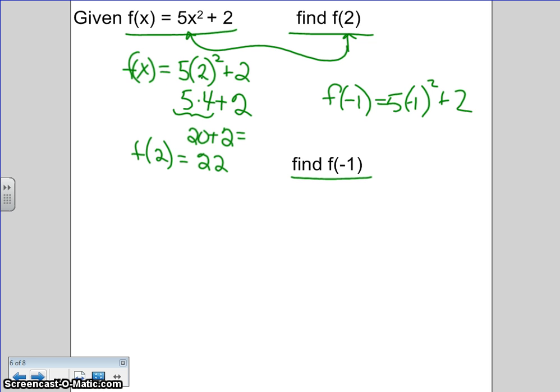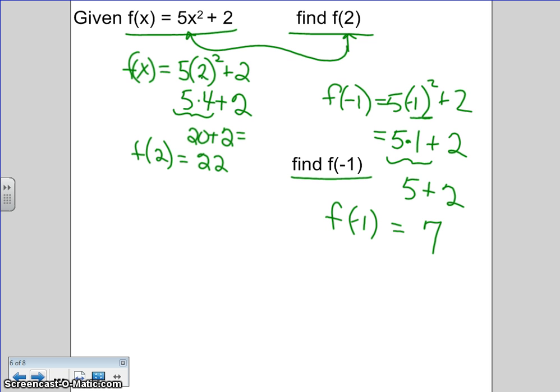Going ahead and working that out, we've got to square first. Negative 1 times negative 1 is positive 1. So it's 5 times 1 plus 2. You multiply before you add. 5 times 1 is 5. 5 plus 2 is 7. So f of negative 1 is equal to 7.